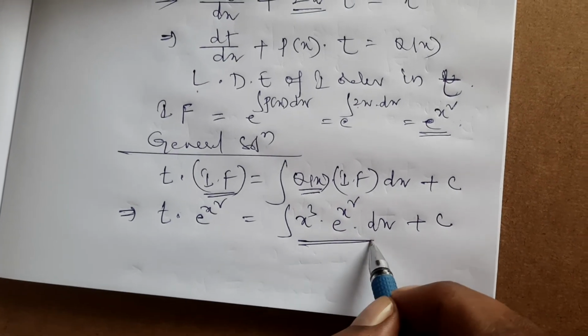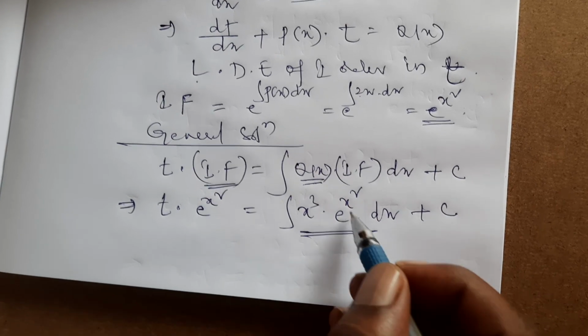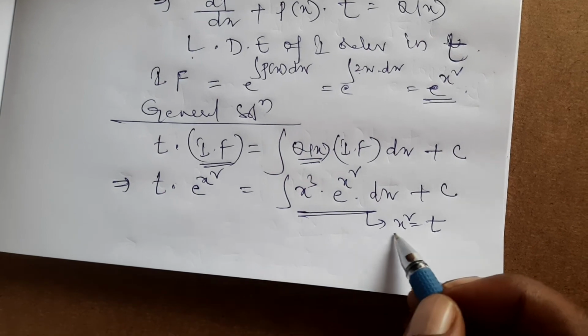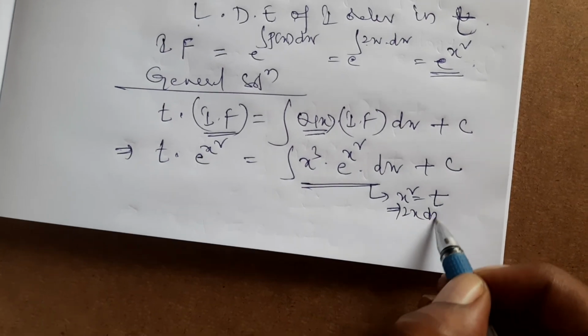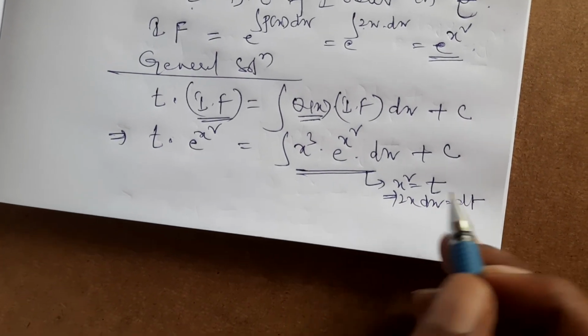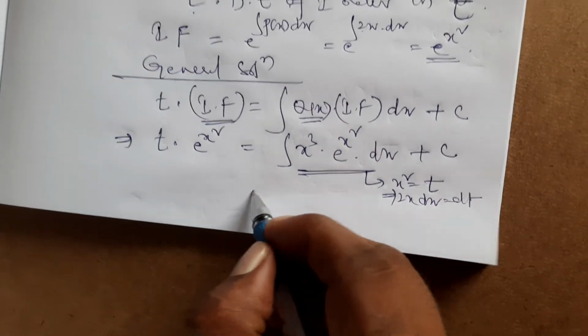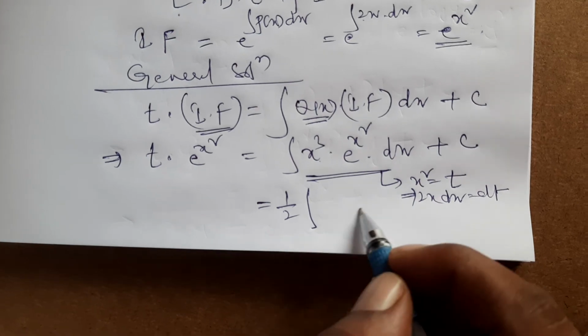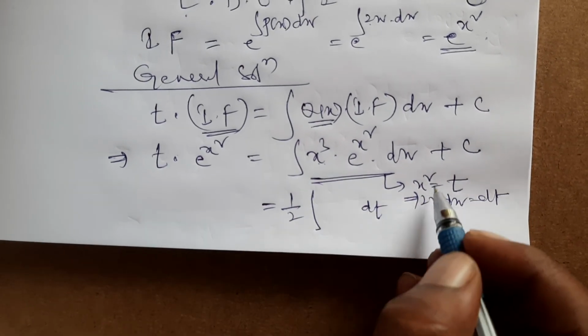Now how to solve this integral? Simple, by integration methods. Take x square equal to t. Then 2x dx equals dt, so x dx equals dt by 2. This value changes to 1 by 2 integral of t into e power t dt, since one more x square will be there.